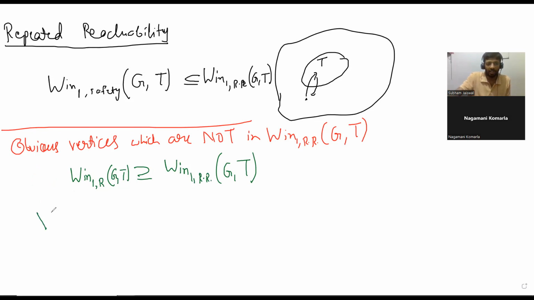Then we take the complement of this, so it becomes the opposite. So we're looking for sets of which Win1 RR is a subset or a superset.